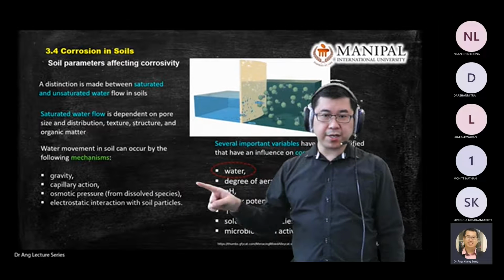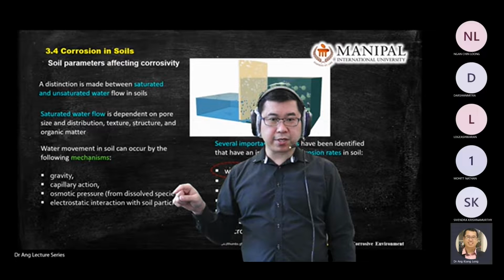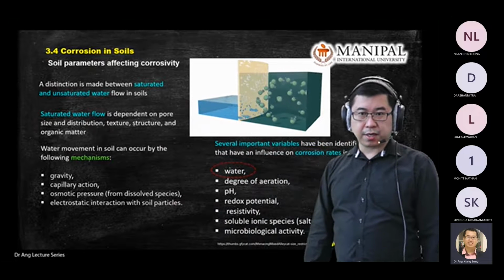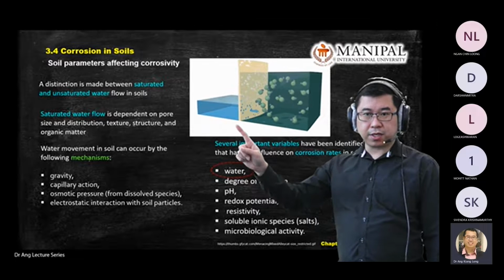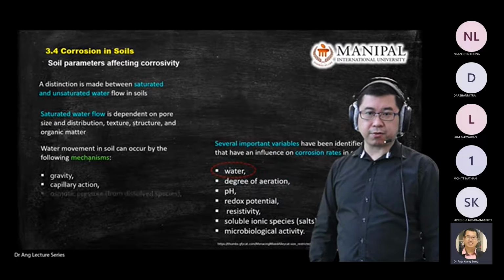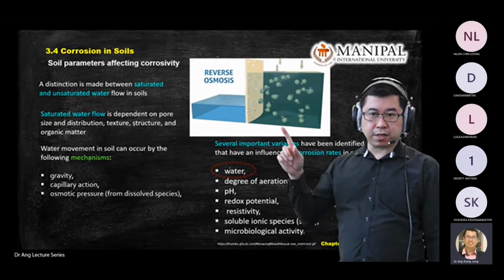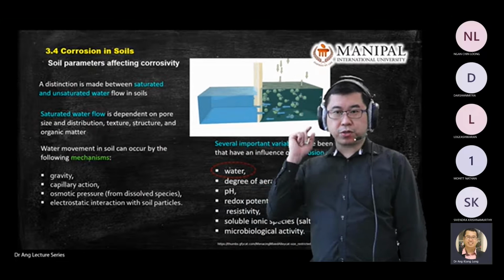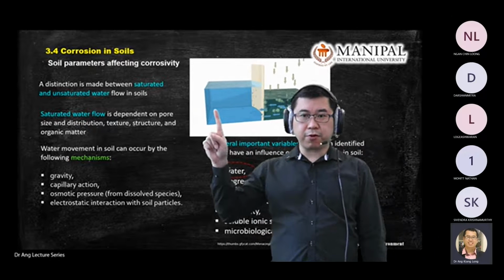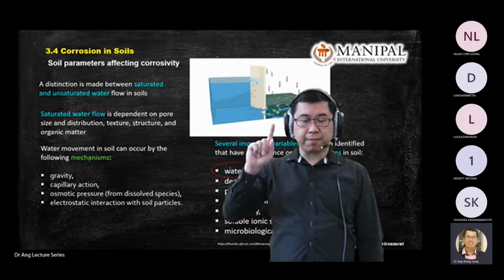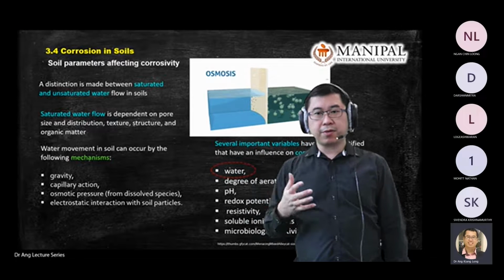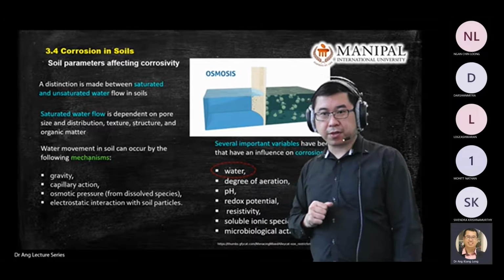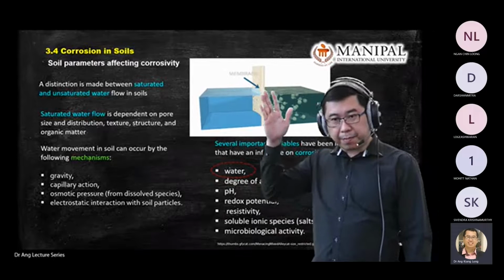Third, the osmosis process, osmosis pressure, which is something like this diagram. You learn this in biology also: water can flow from one side to another through a membrane. In the soil, sometimes you will have a membrane mechanism.